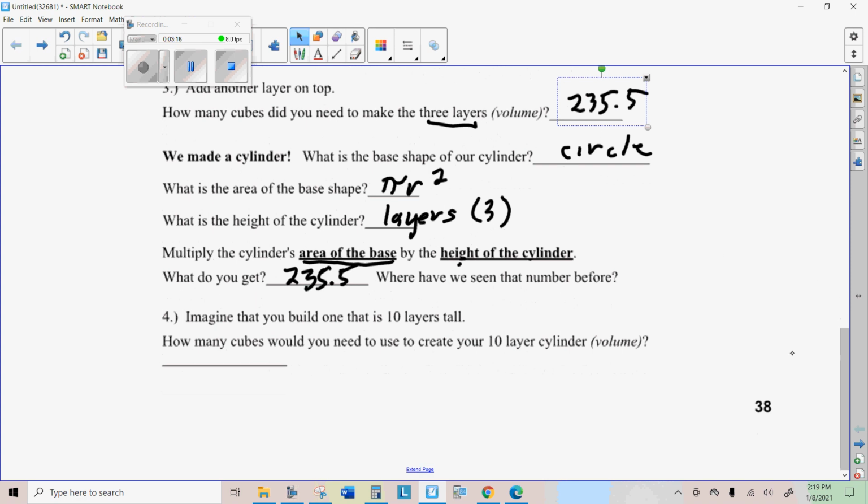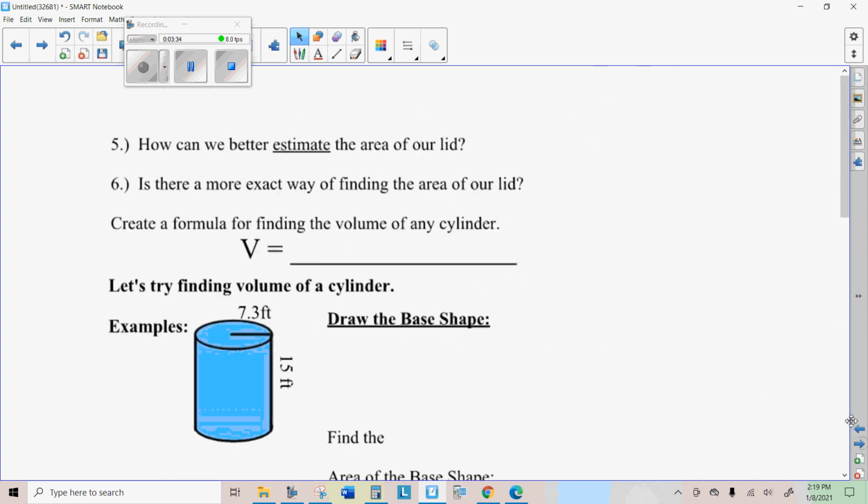Okay? Imagine that you built one 10 layers tall. How many cubes would you need for that? Go ahead and figure. I hope you took the one beginning layer, 78.5, and just multiplied that by the number of layers, which is 10. So you would need 785 of them. Okay, we can better estimate the area of our lid by using pi r squared.